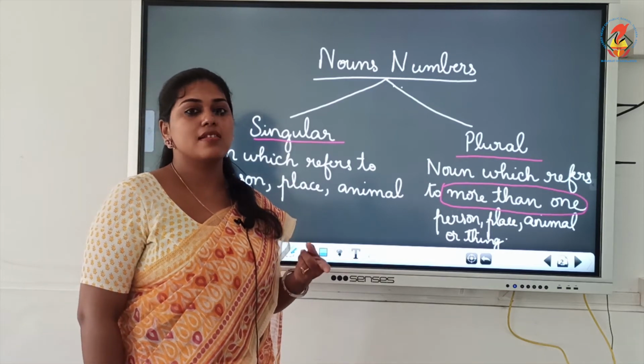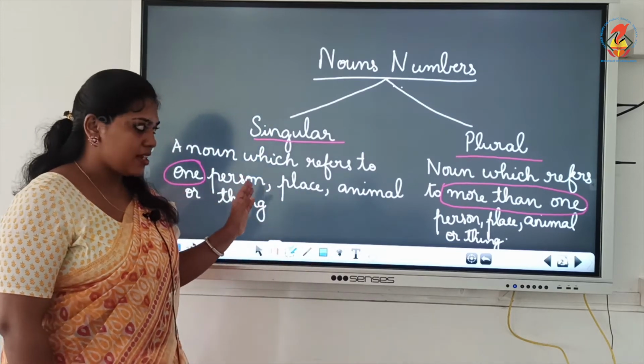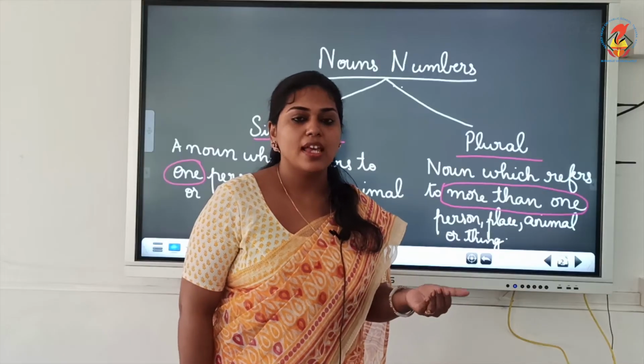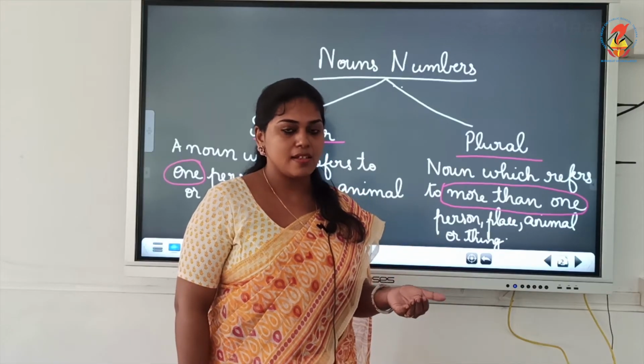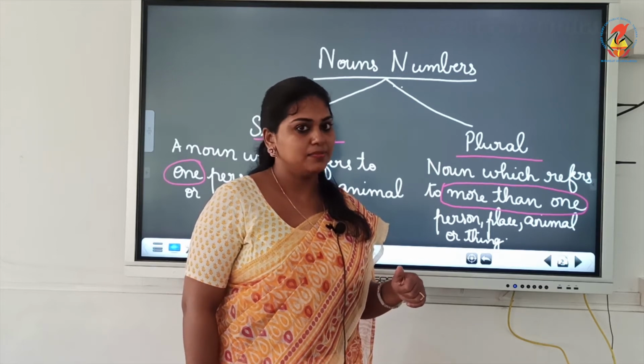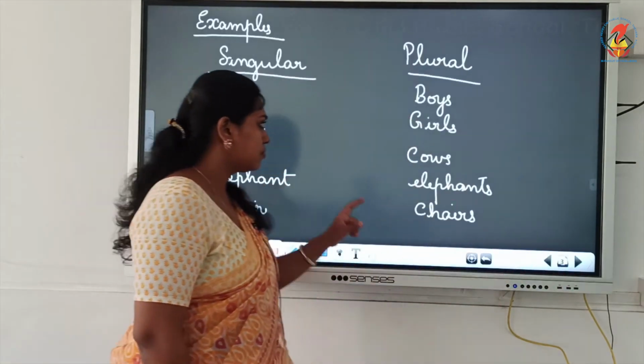And if the noun is more than one, if the thing or person or place or animal is more than one, then we say it as plural noun. Is that clear? Okay. Now let's see the examples of it.